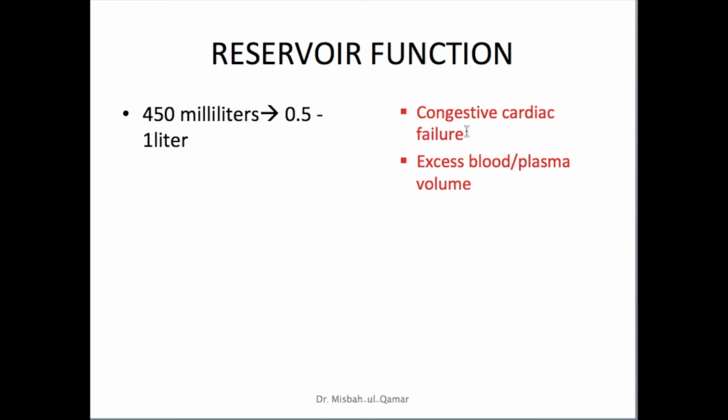Now, these are the conditions in which blood storage occurs in liver: congestive cardiac failure, when the pressure in the right atrium causes back pressure in liver, and also in times of excess blood or plasma volume because of overhydration or circulatory overload.